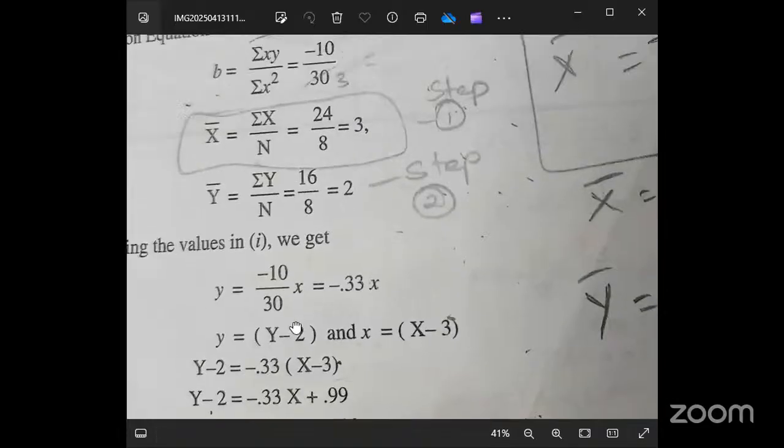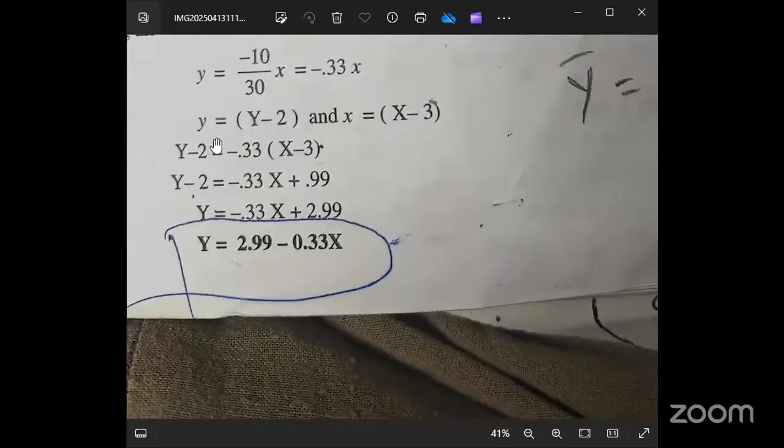So y becomes y minus y bar, where y bar is 2, and x becomes x minus x bar, where x bar is 3. So y minus 2 equals minus 0.33 into x minus 3.